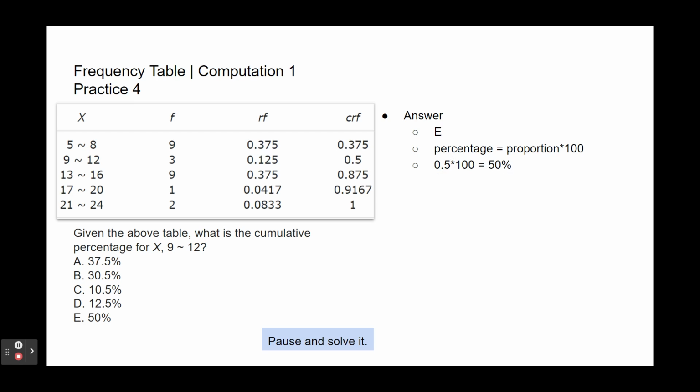It's very easy to convert: just multiply by 100 and you will get the cumulative percentage or the percentage itself. So be careful: multiply the relative frequency and you get a regular percentage; multiply the cumulative relative frequency and you get a cumulative percentage.